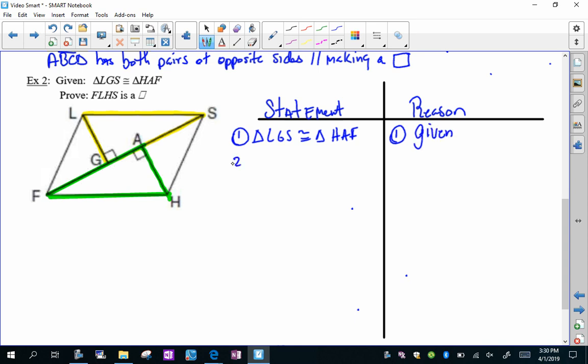Number 2, because of that, I can say that line segment LS is congruent to line segment HF. And the reason for that is CPCTC.